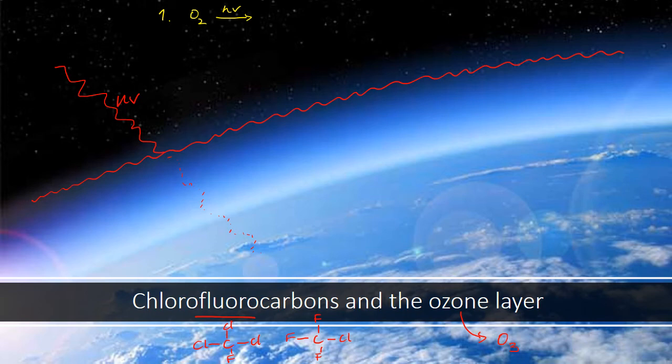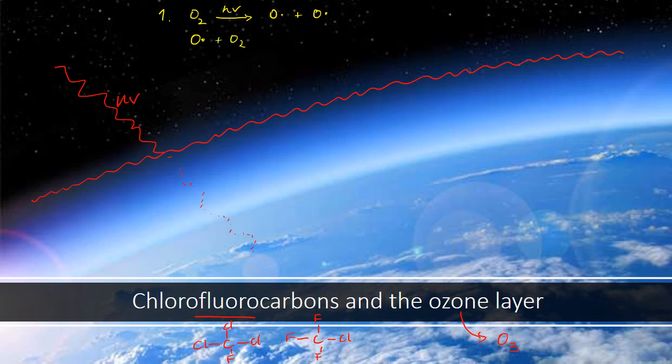So an oxygen molecule receives this energy from ultraviolet that we've called HV and turns itself into two oxygen free radicals, like so, in the same way as chlorine did as well. And then those free radicals can themselves react with other oxygen molecules that have made their way up to the upper atmosphere.